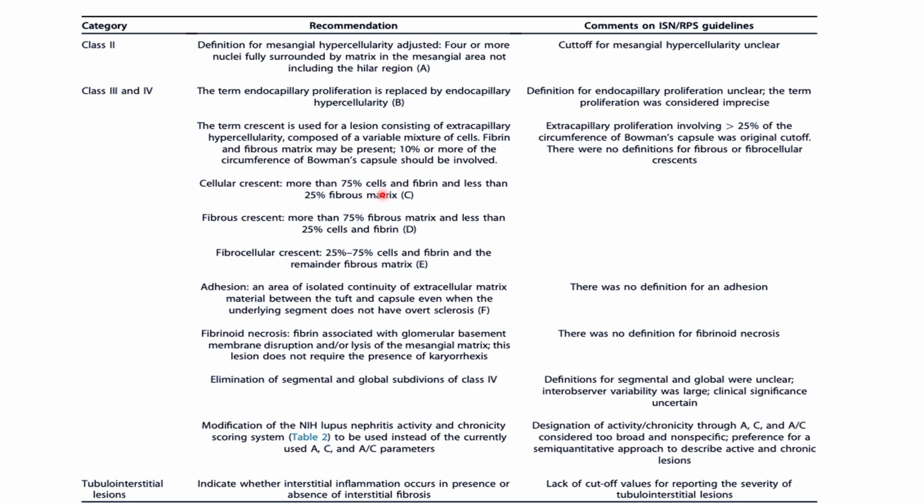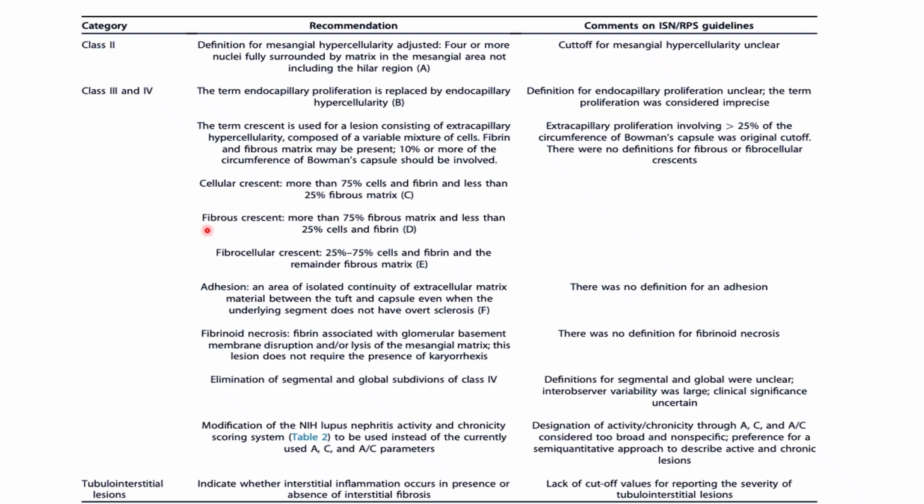The cellular crescent is when there is more than 75% cells and fibrin, and less than 25% fibrous matrix. Fibrocellular crescent is when the cells and fibrin percentage is 25 to 75 and the remaining is fibrous matrix.